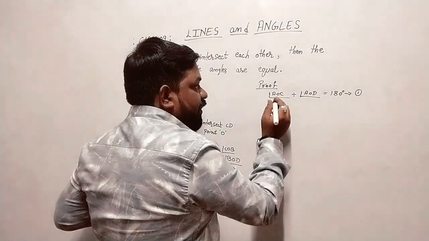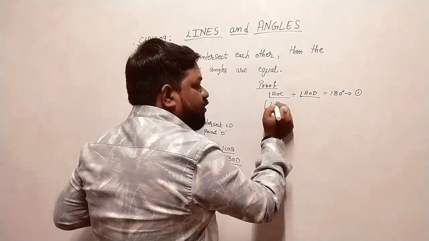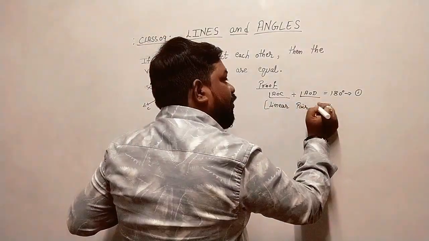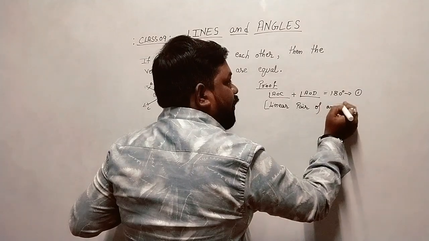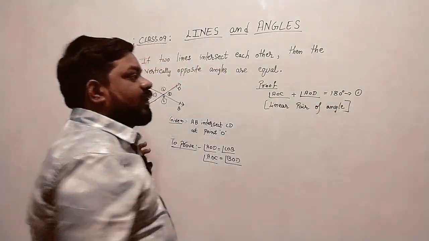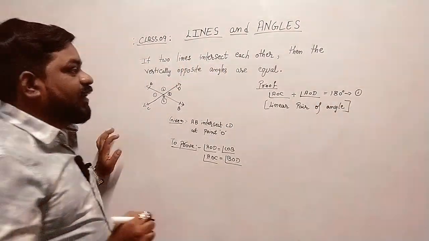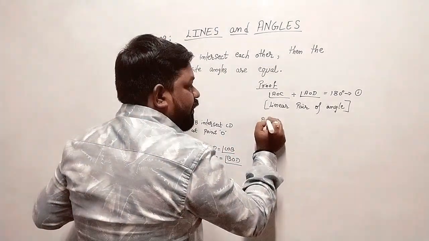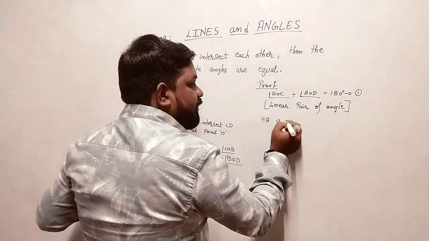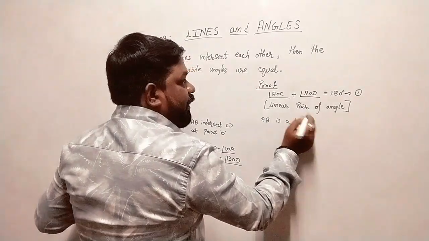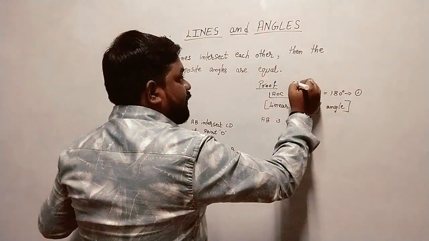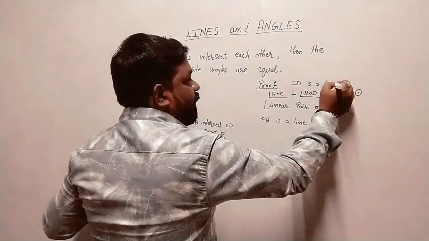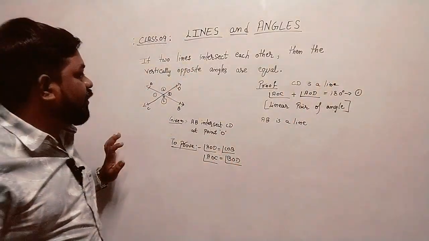Why are we getting 180 degrees? Because both are a linear pair of angles. Next, similarly, AB is a line. Here in this case, we considered CD as a line, right? Now AB is a straight line.